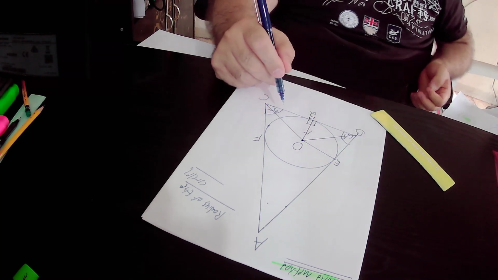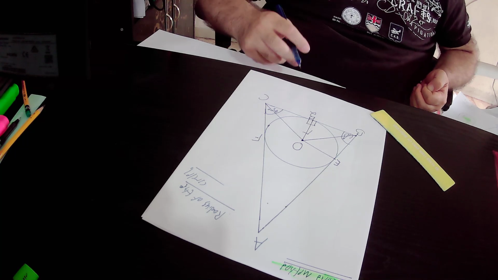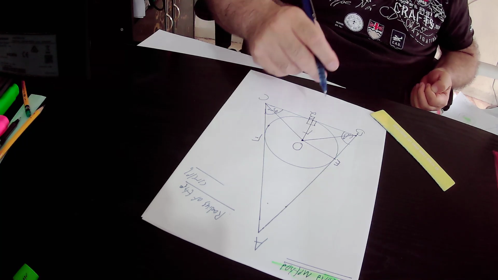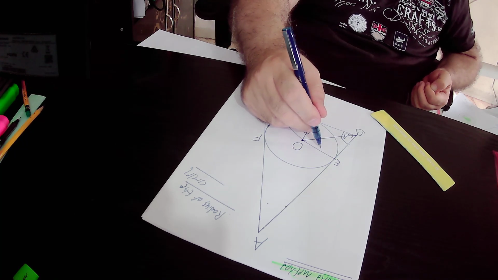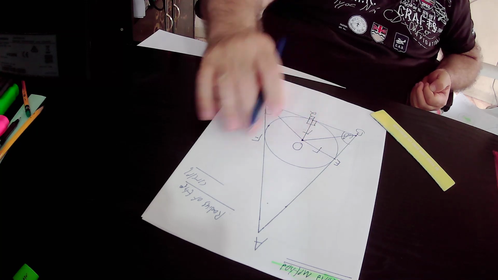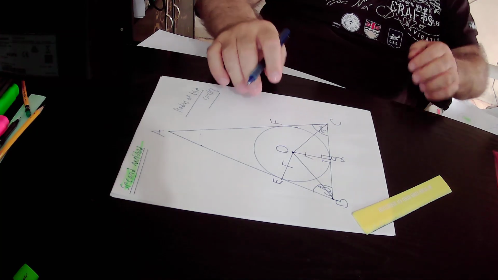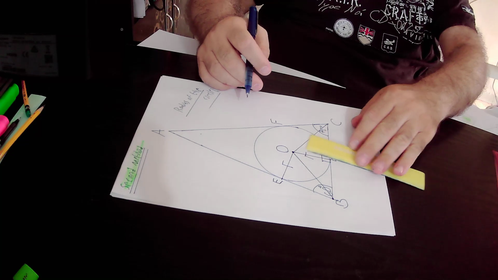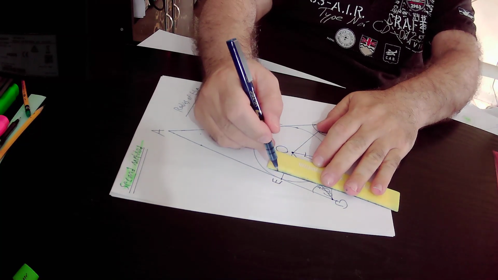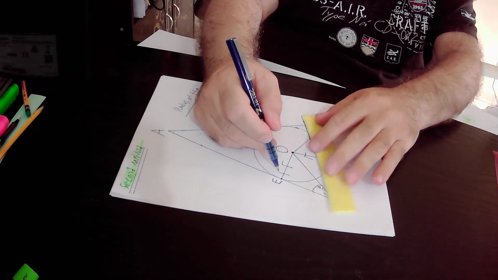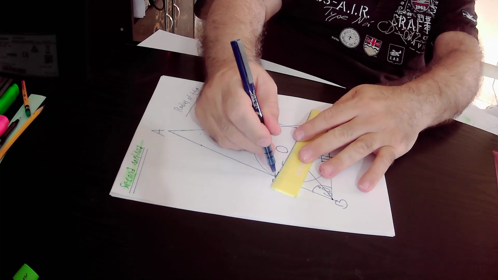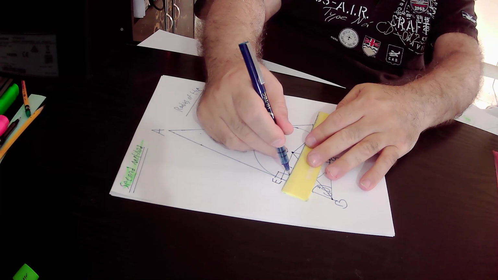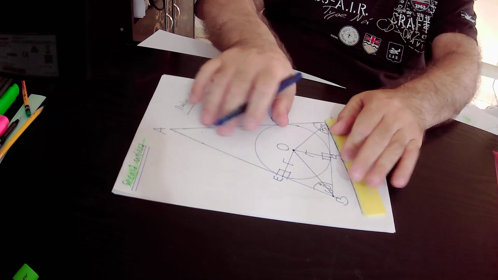Point O is the center of the circle, point E is the point of the circle itself, therefore OE is the radius of the circle that is equal to R, and we have the radius OE that is drawn to the point of tangency. Therefore, according to rule number 1, this angle will be equal to 90 degrees, and this angle will be also equal to 90 degrees.